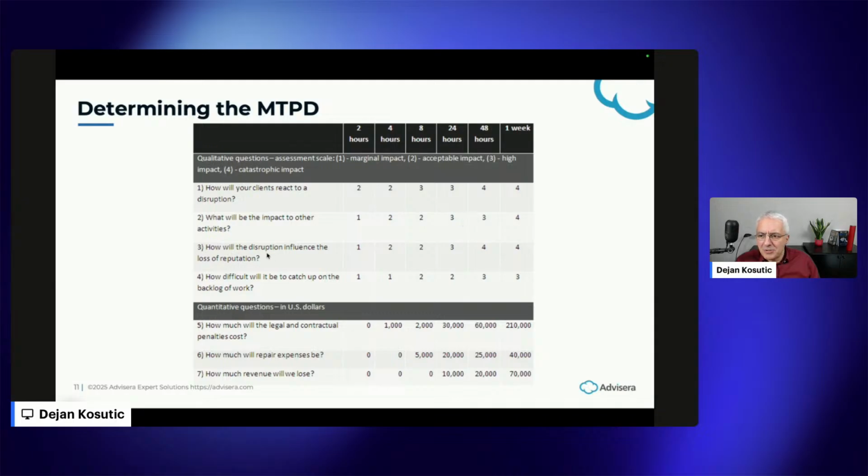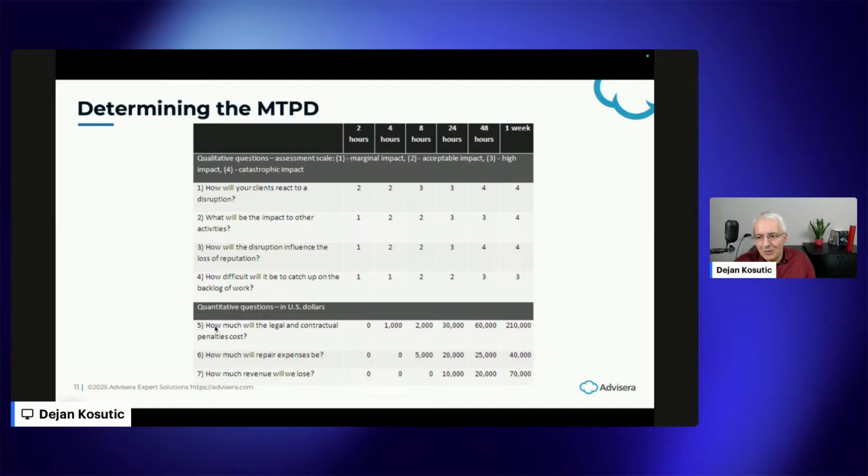How will the disruption influence the loss of reputation? Here at 4 hours, at 48 hours you have a problem, and so on and so forth. This is how it works: you assign the gravity of the impact depending on the duration of the disruption. Of course, you will collect this impact from these departments by speaking to the heads of these departments within your company.